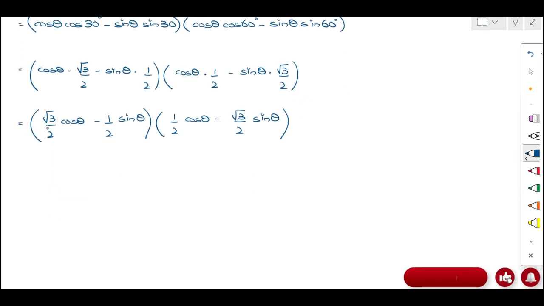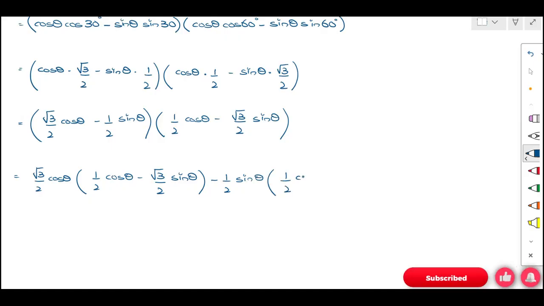So first multiply root 3 by 2 cos theta with 1 by 2 cos theta minus square root of 3 by 2 sine theta. Distribute basically. And minus 1 by 2 sine theta is distributed on the second bracket, half cos theta minus square root of 3 by 2 sine theta.